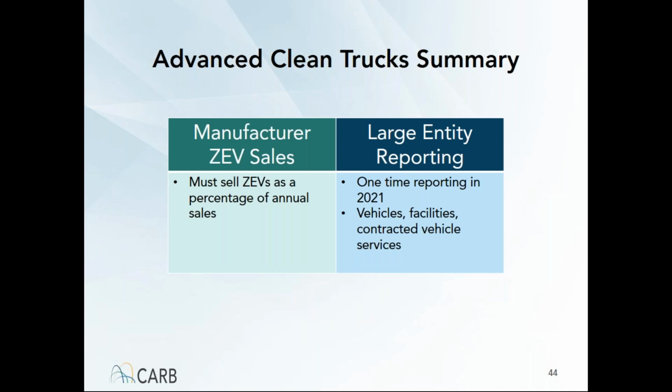So we set a percentage of sales, and the manufacturers are supposed to meet that by selling ZEVs over a period of time, and that percentage goes up over time. The second part of the rule is a reporting requirement. It's a one-time reporting requirement. It has to happen in 2021, and it's for larger fleets or facilities that contract vehicle services or have a large number of vehicles at their facilities.